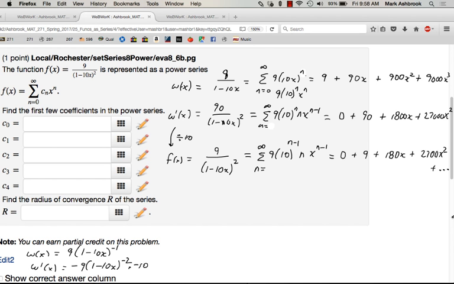So, does it? Here's where we've got to really watch where we're going. Do we want to start at n equals 0? Well, it gives us a 0 there.